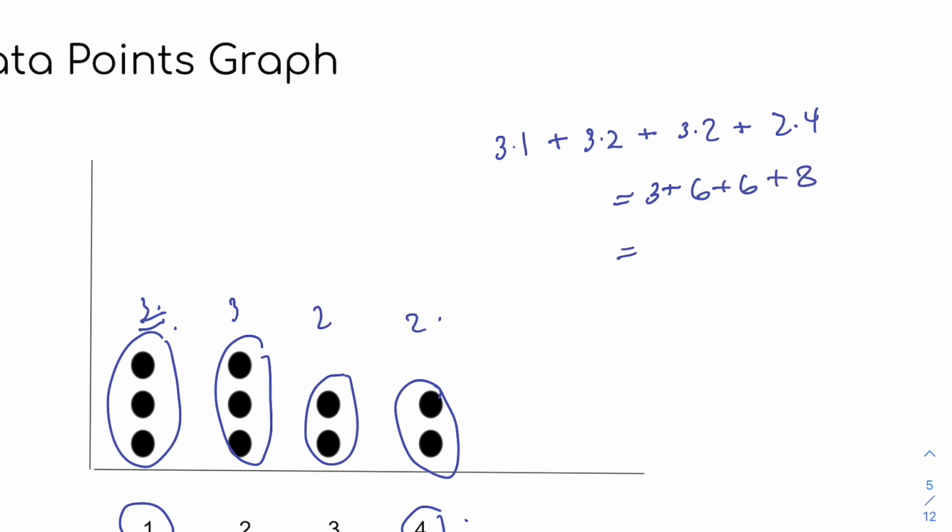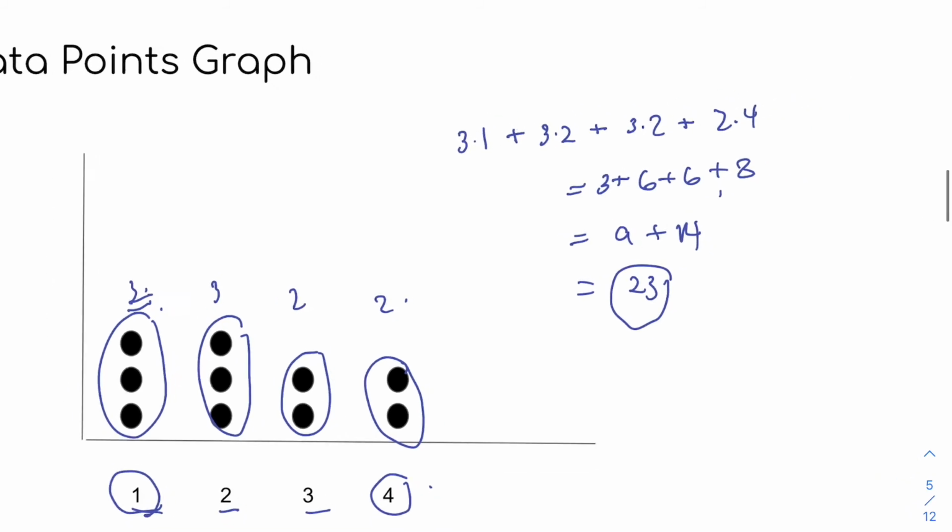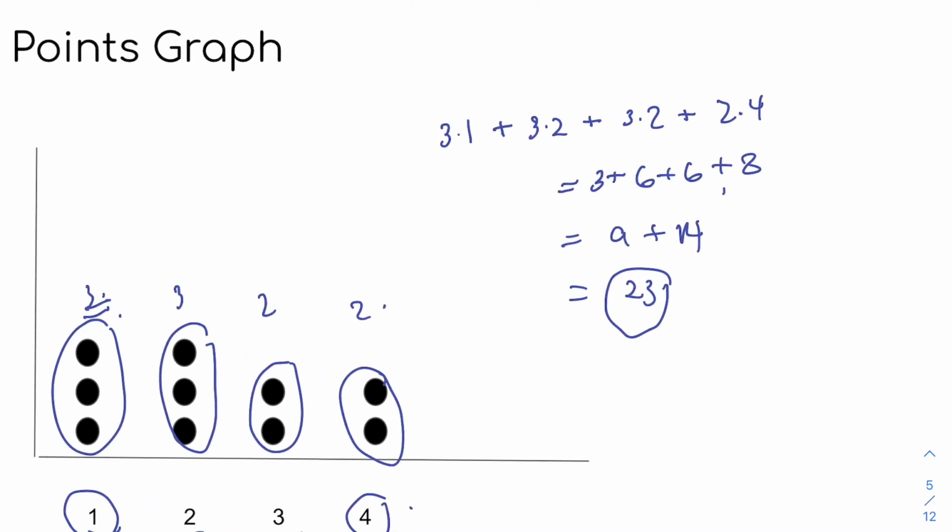Then we get 9 plus 14, which is going to be 23. After that, we have to divide by the number of data points from this graph. As you can see, there's a total of 10 data points. So we divide by 10 and we get 2.3. And that would be our mean for this graph.